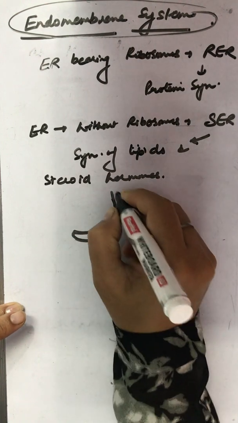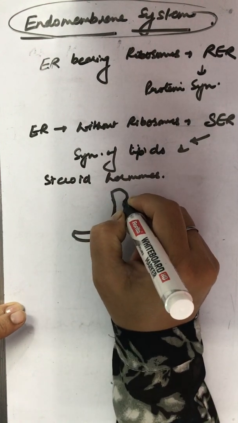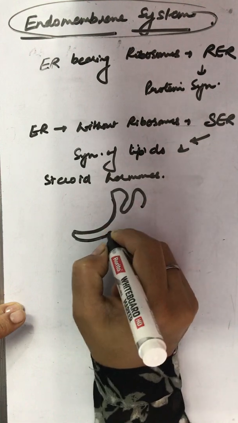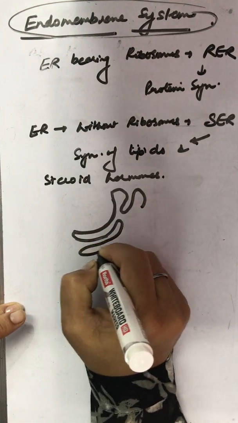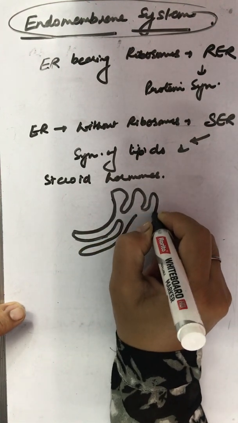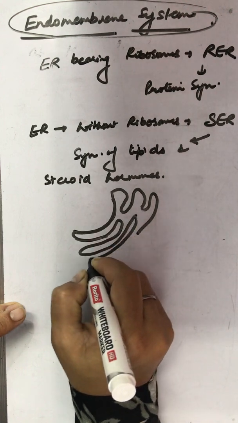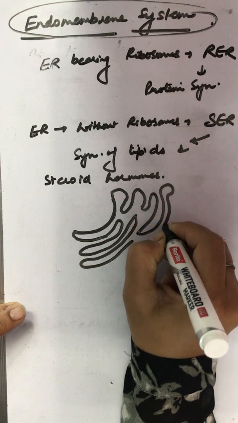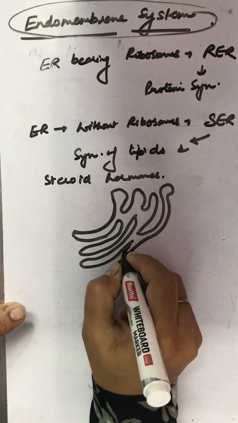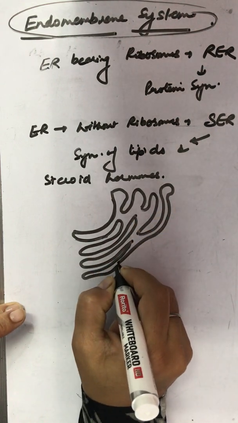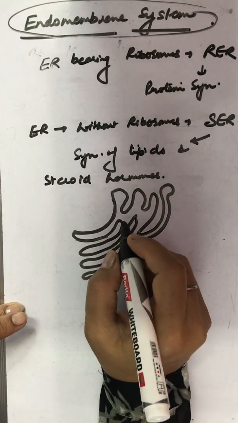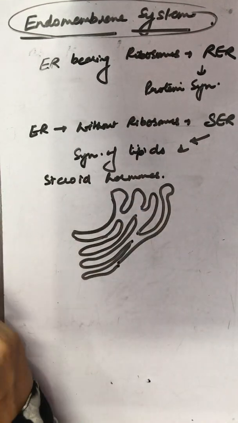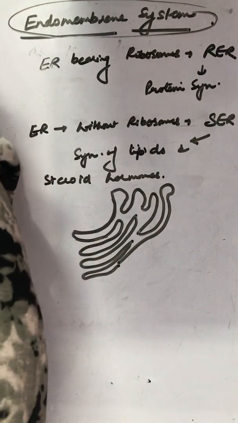And when we know about the structure, we draw the structure like this is the nuclear membrane. The outer side, we draw it a bit like this. They may be in the form of stacks, they may be in the form of vesicles. Alright, so this is how these are attached to the outer membrane of the nucleus.